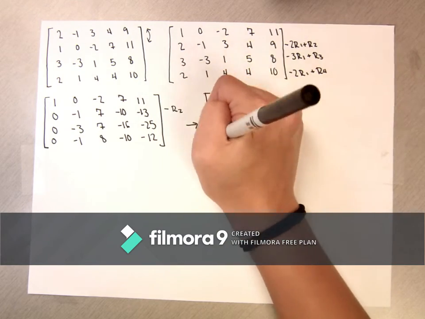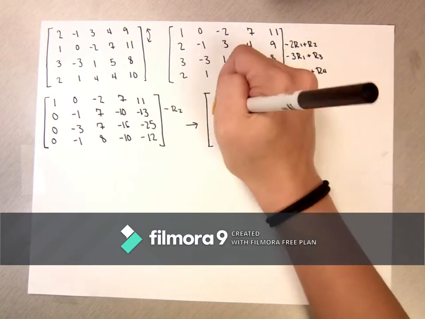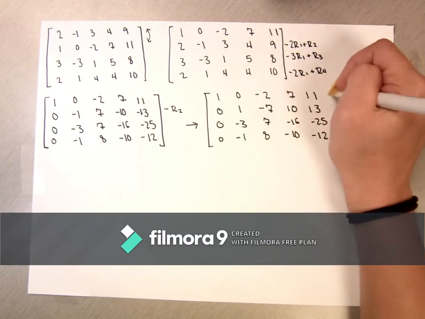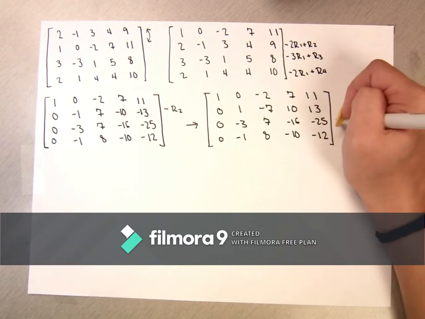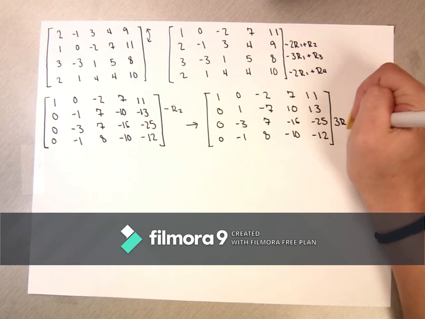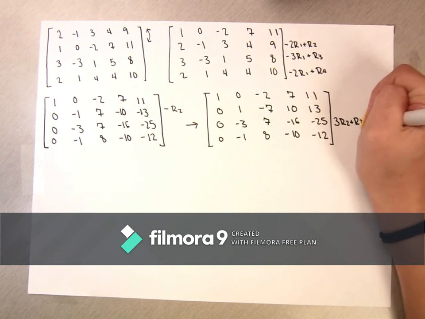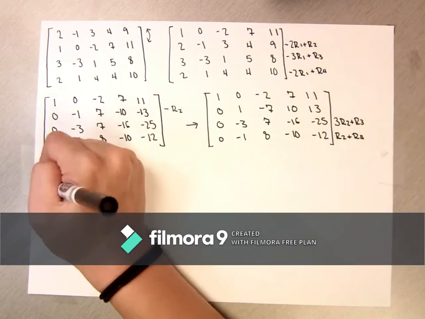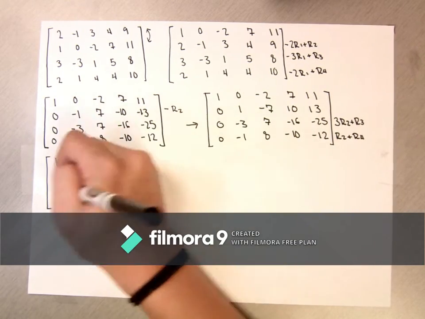Next, we will make the value in row 2, column 2, a leading one by multiplying row 2 by -1. In yet another multi-step problem, we will find the zeros under our leading one in column 2. To do this, we will multiply row 2 by 3 and add that to row 3, while simultaneously adding row 2 to row 4.